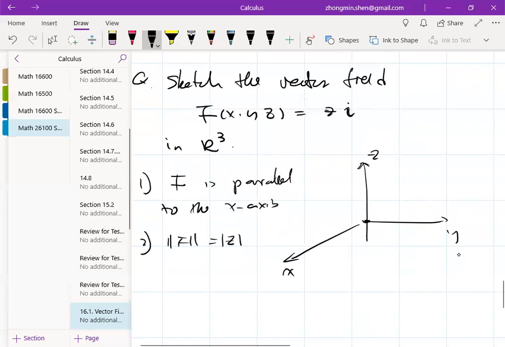In the xz plane, when it's getting higher, those are parallel to the x-axis, and the length is getting longer when it's getting higher. Then once it's clear, you can draw at a different location. It's really independent of y. So at a different location here, it's going to be 0. You cannot draw the vector, but you have to in the space here.